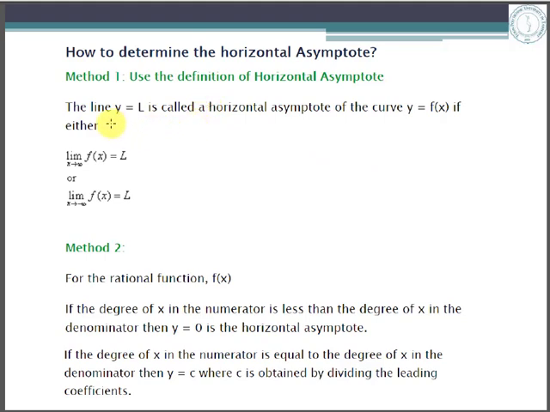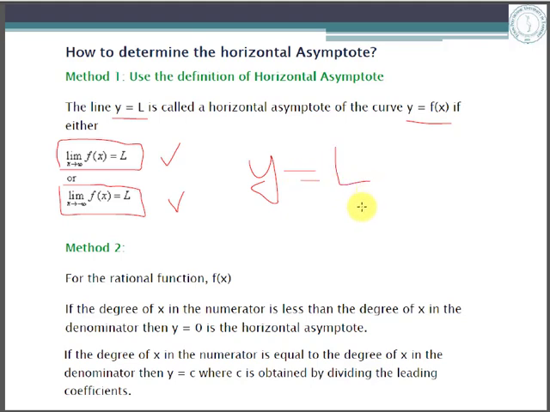The first one: the line y = L is called a horizontal asymptote of the curve y = f(x) if either this limit exists and equals L, or this one exists and equals L, where x tends to infinity or x tends to minus infinity, and f(x) is equal to L. In this case, we call y = L a horizontal asymptote of our function.